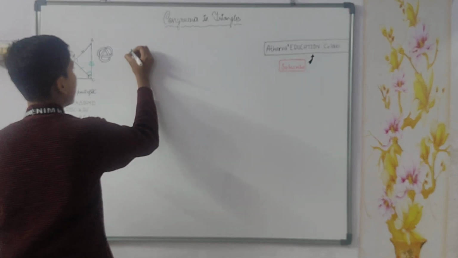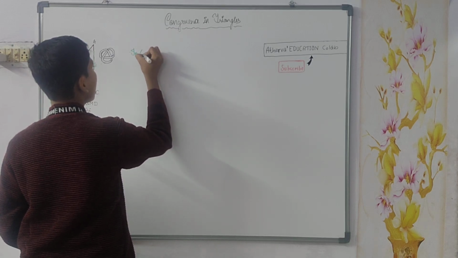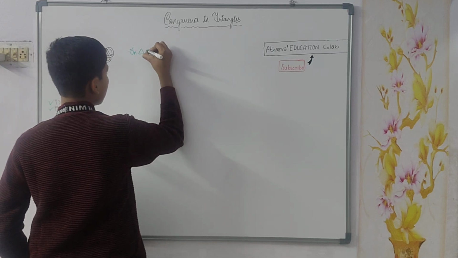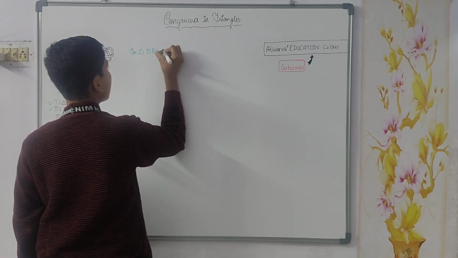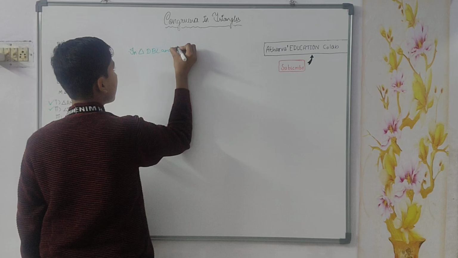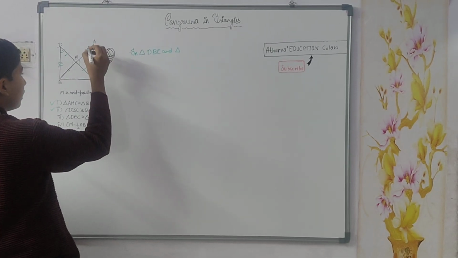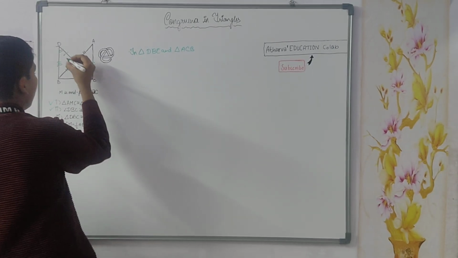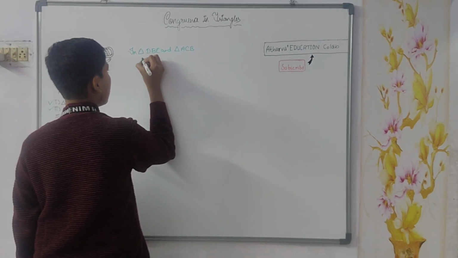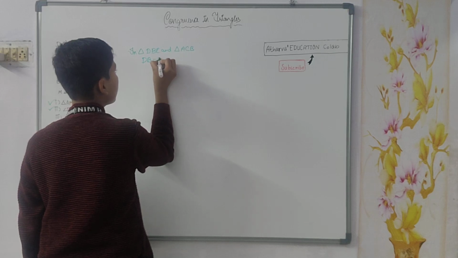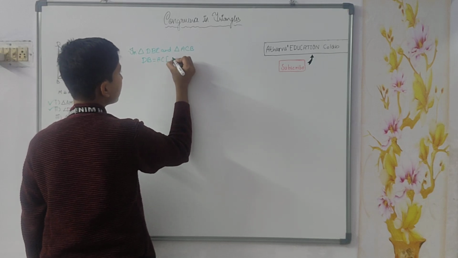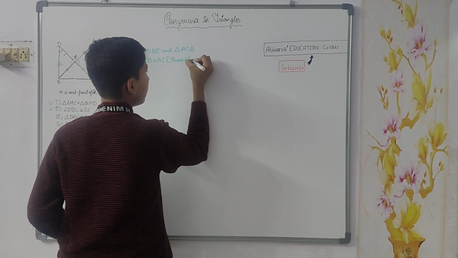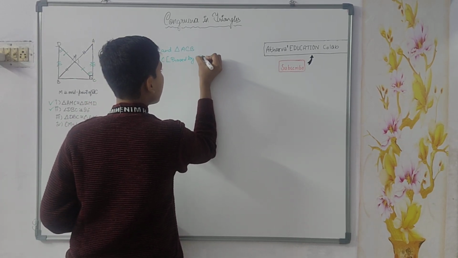Now in triangle DBC and triangle ACB, DB equal to AC, in bracket you will write proved by CPCT.